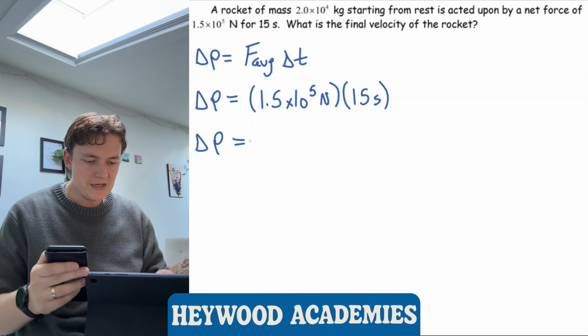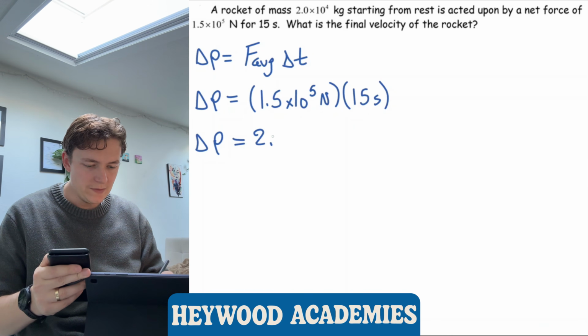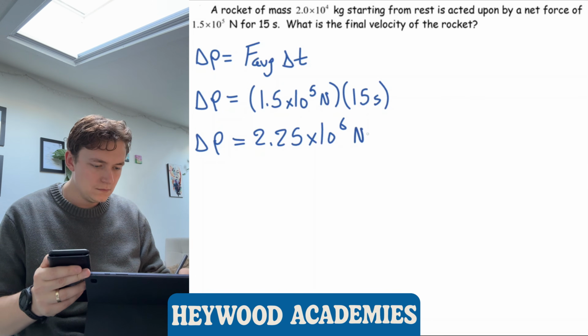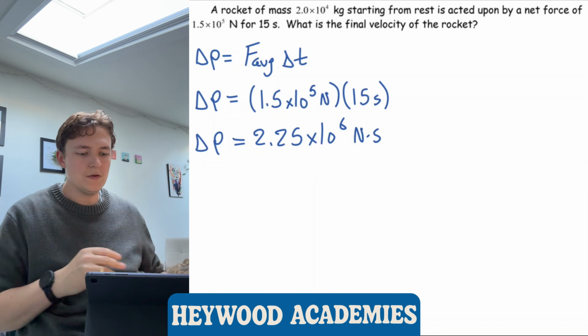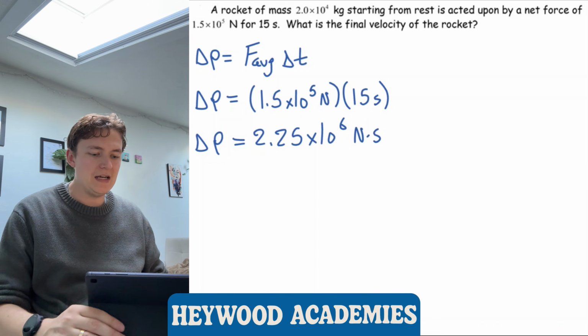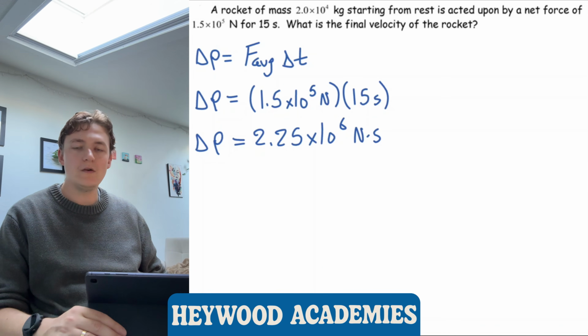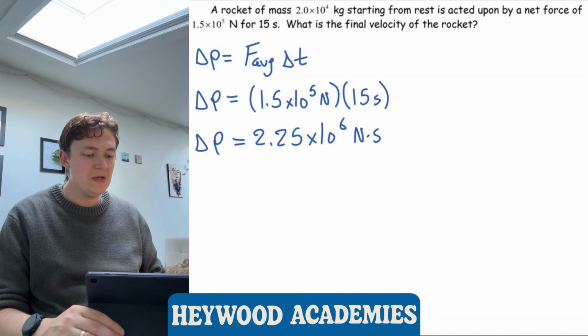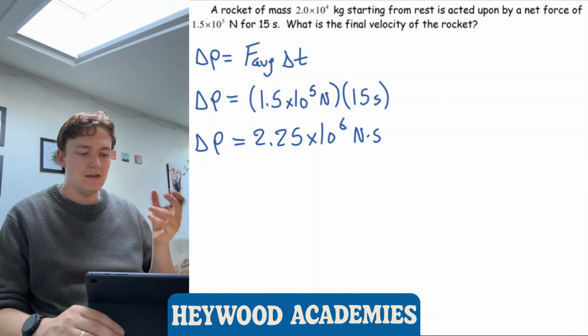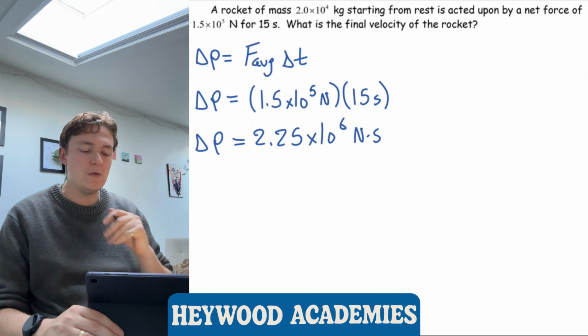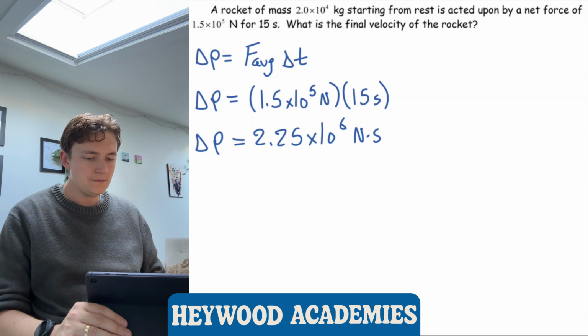Okay, now this gives us a big number, so I'm going to use my calculator to put this in scientific notation for me. So we'll end up with 2.25 times 10 to the 6 newton seconds. If you notice from the last one, we had kilogram meters per second for change in momentum. Newton seconds and kilogram meters per second, those are both the same units, so they're interchangeable.